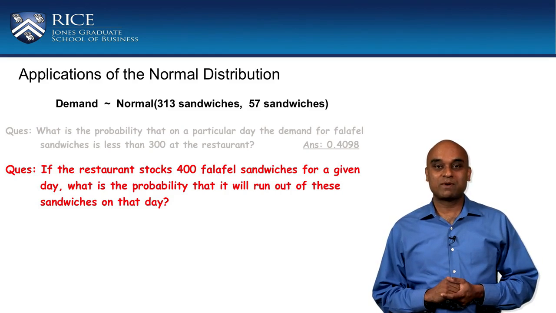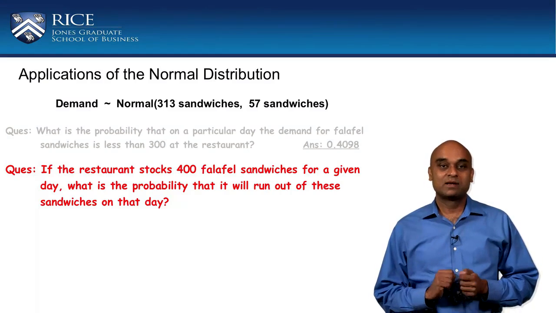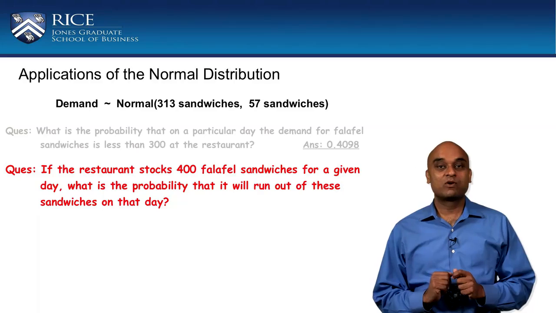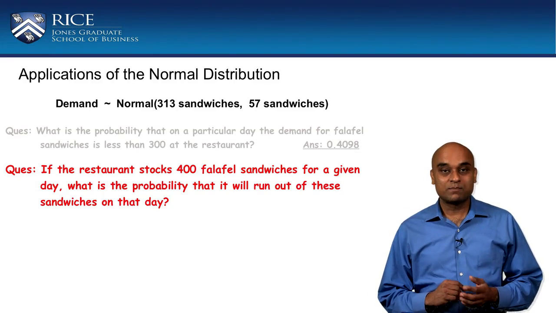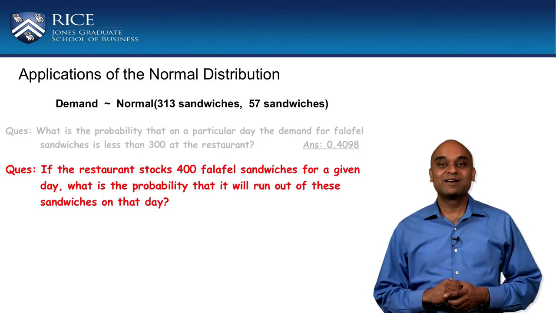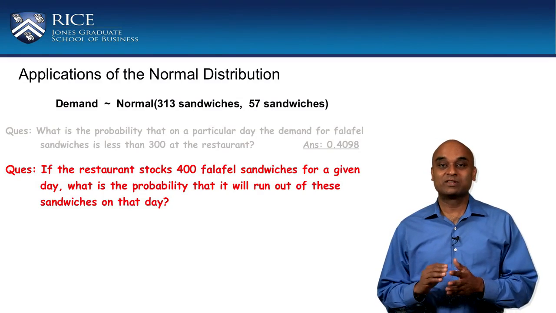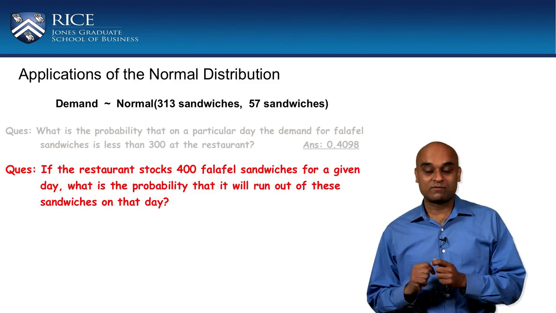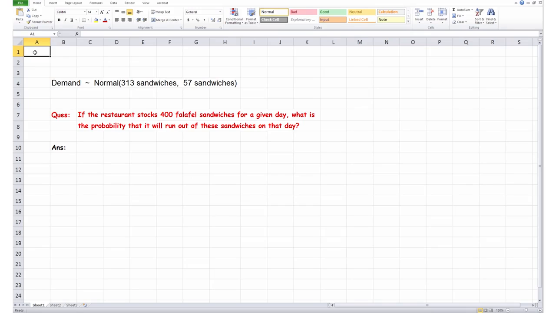Another question posed by the fast food restaurant: if the restaurant stocks 400 falafel sandwiches for a given day, what is the probability that it will run out of these sandwiches on that particular day? That is, there will be a stock out of sandwiches. The restaurant will run out of sandwiches if the demand that materializes is greater than 400 sandwiches on that day.